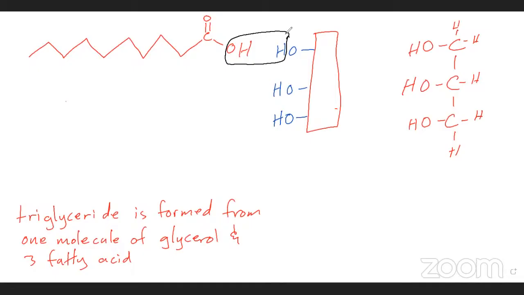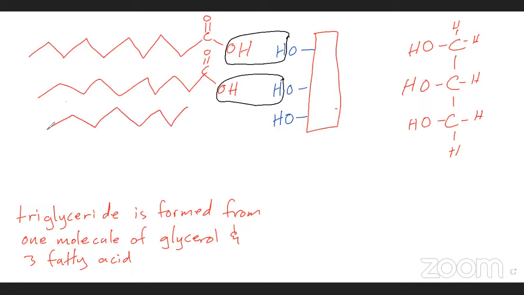As was said earlier, we are using 3 fatty acids. So you will do this for the 3 of them. Just take off the OH from the fatty acid and the H from the alcohol, from the OH group. It doesn't matter how much of these that you draw.